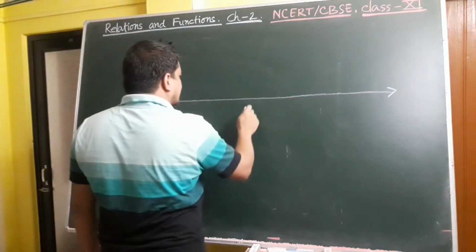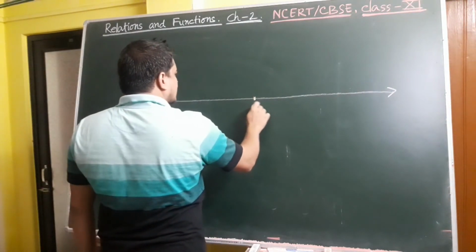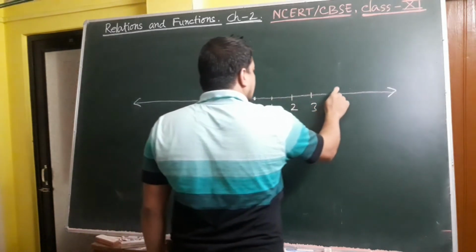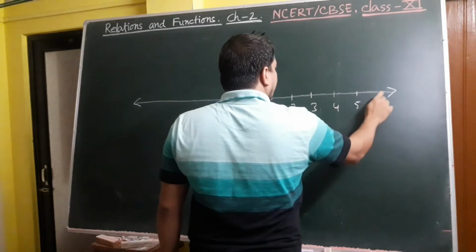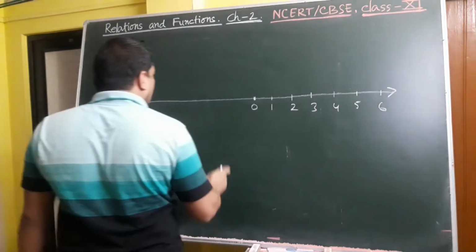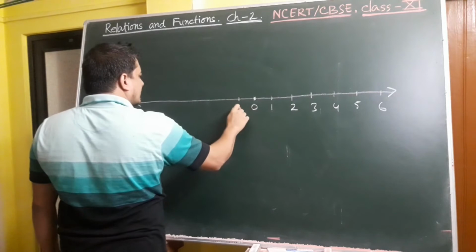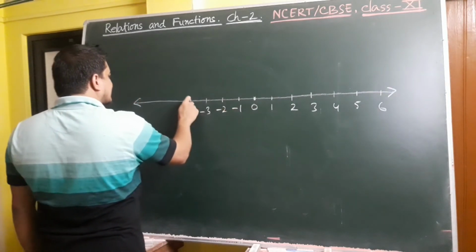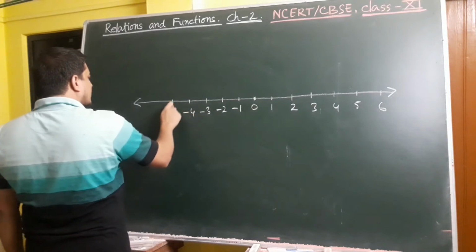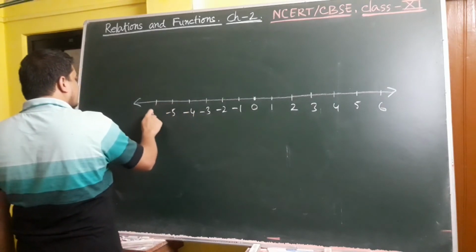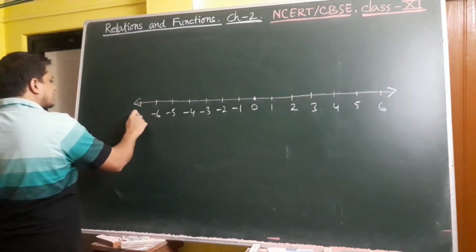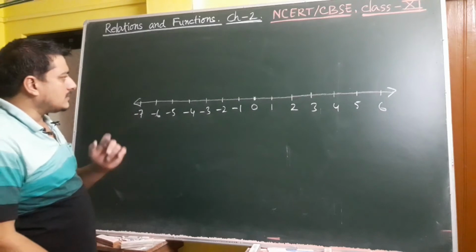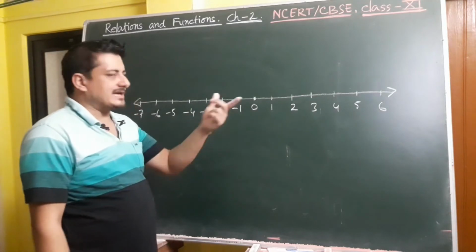So this is the real axis. This is 0, this is say 1, this is 2, this is 3, 4, 5, 6, 7, it goes on like this. Then -1, -2, -3, -4, -5, -6, -7, it goes on like this in both ways. Okay, you know, this is the real axis.